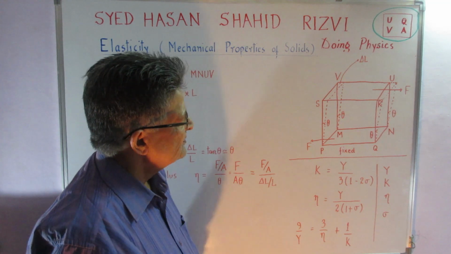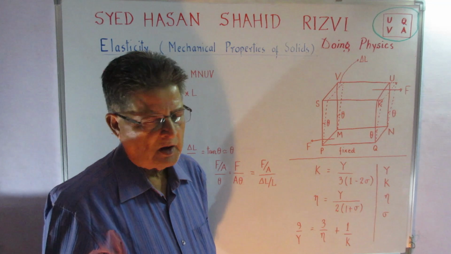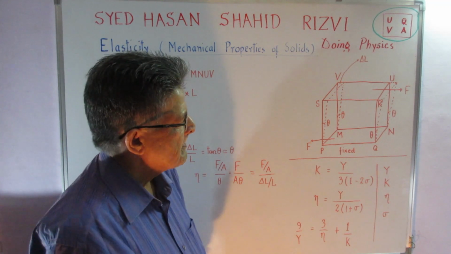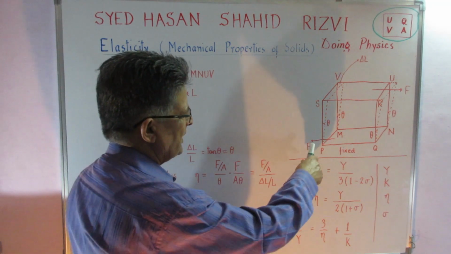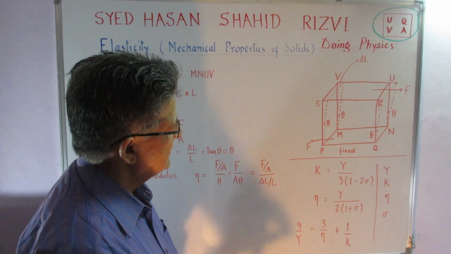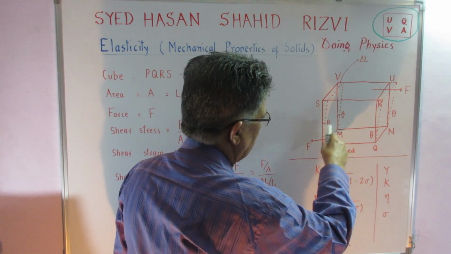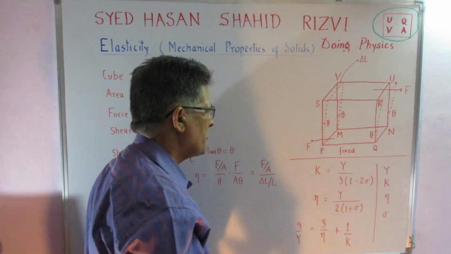Here the shape of the body will change, but the size of the body will not change. So when the forces have been applied, there is a distortion and a new shape arrives, like this and like this, these faces.